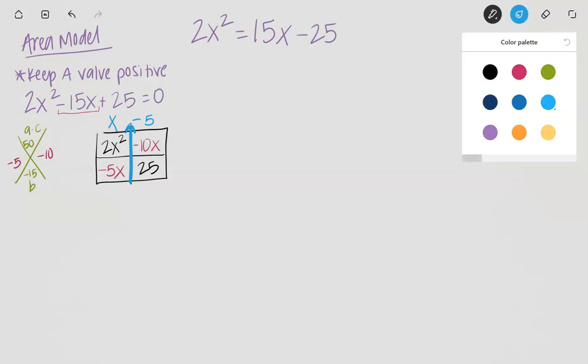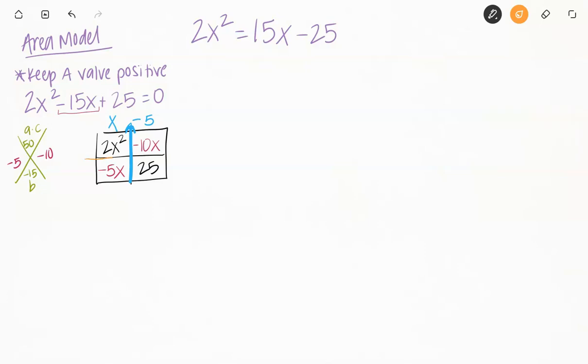And then we do our greatest common factor going out. So 2x squared and negative 10x, take out our greatest common factor here. That would just be 2x, but because the 2x squared is positive, we're going to keep that 2x positive.